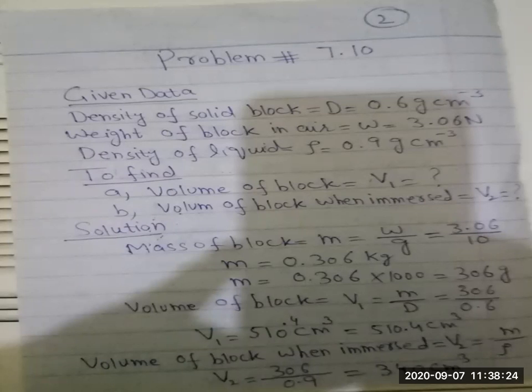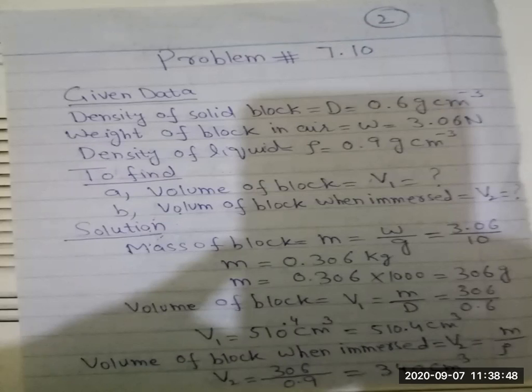A solid block of wood of density 0.6 gram per centimeter cube weighs 3.06 Newton in air. Determine A, the volume of the block, and B, the volume of the block immersed when placed freely in a liquid of density 0.9 gram per centimeter cube.